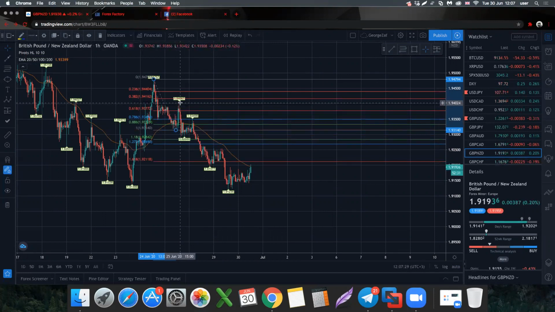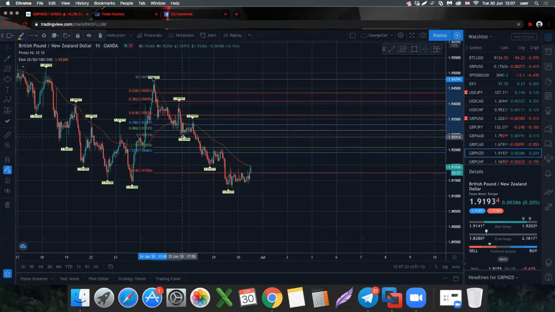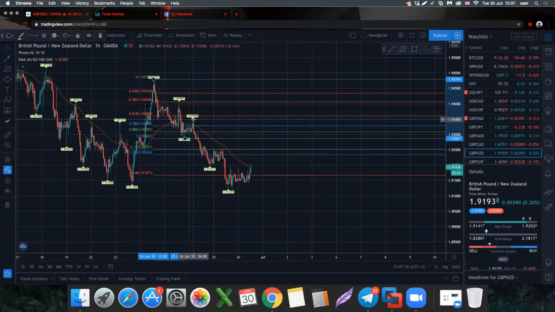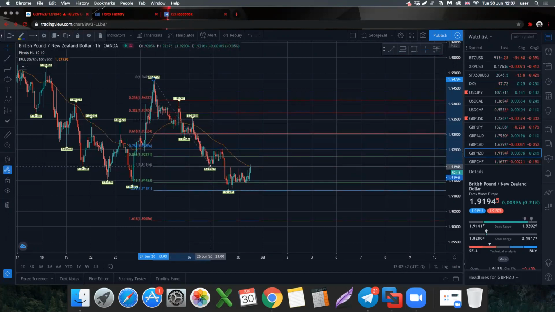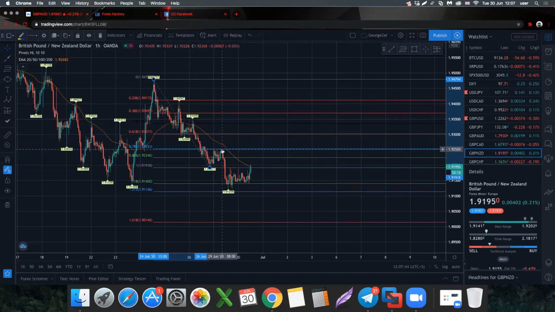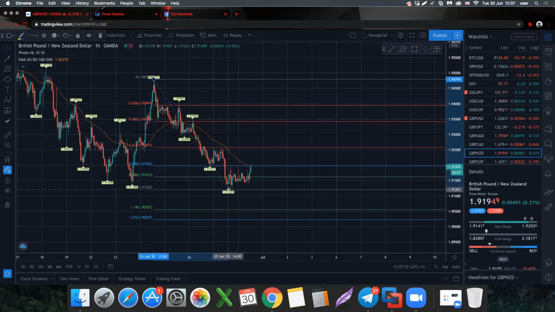Retraced on 50% level, hit the extension. Retraced to 61.8, hit the extension. Pulls back to blue, hit the blue. Can you see that, guys? It works all the time, all the time. Now it pulls back on blue.